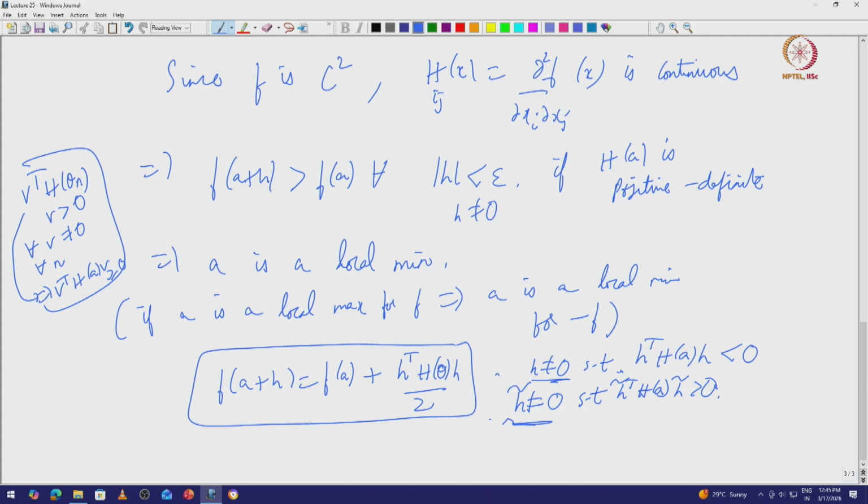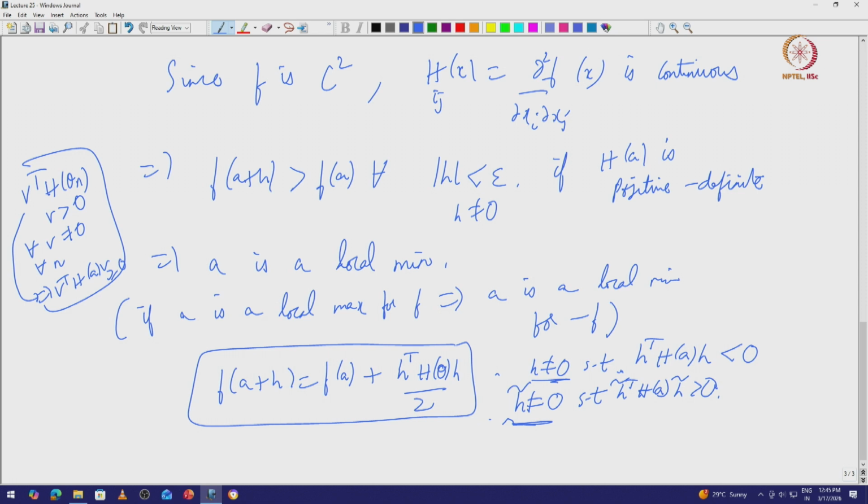That already implies that a is a local minimum. Local minimum, by the way, doesn't mean that it's a strict local minimum. In other words, f of a plus h greater than or equal to f of a also counts as a local minimum, right? So that's a contradiction, right?